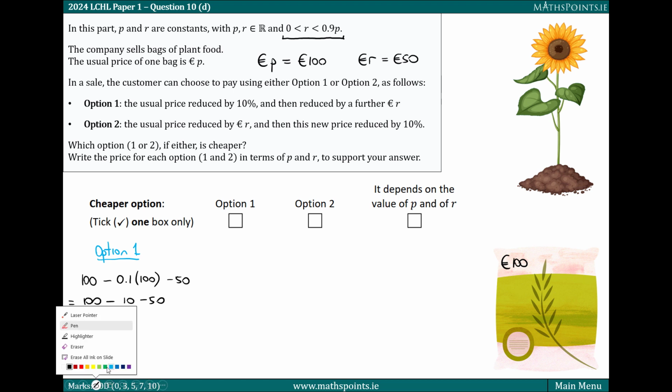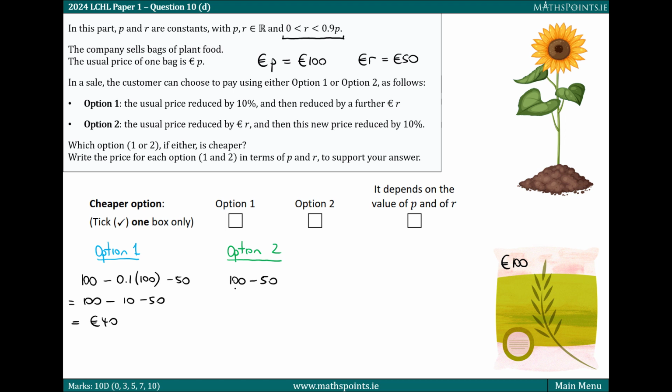Okay, let's have a look at option 2. In option 2, we are going to take the usual price and reduce it by R. Well, that's pretty easy. We're going to take 100 euros and take off R, which in our case is 50 euros. So 100 minus 50. And then this new price, we're going to reduce by another 10%.